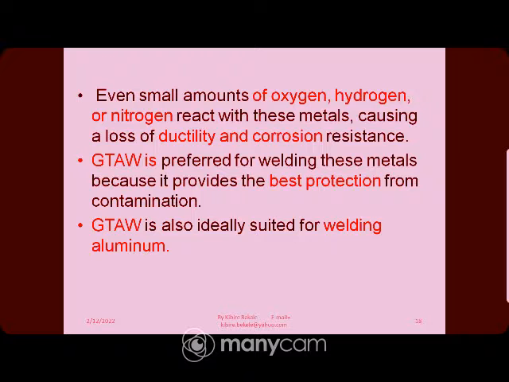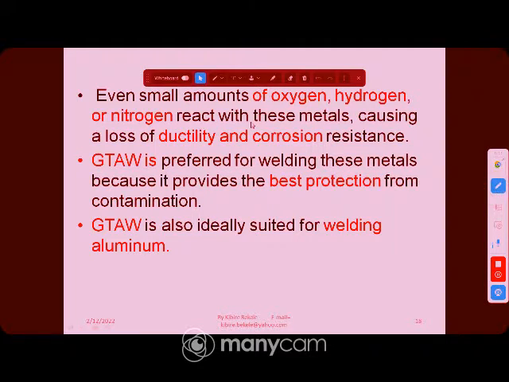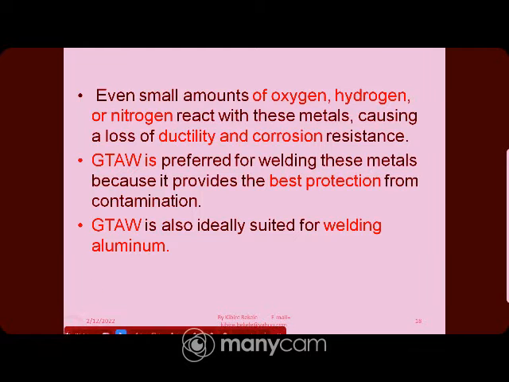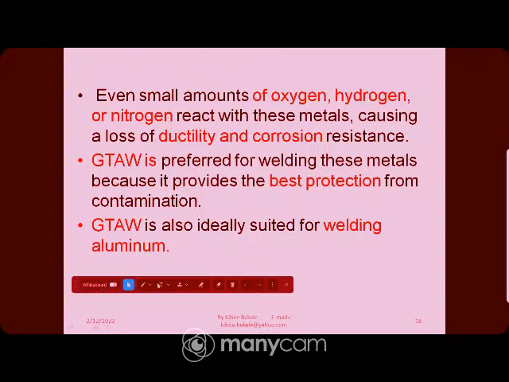So why do they need the tungsten arc welding process? For these reactive metals, even small amounts of oxygen, hydrogen, and nitrogen react with them, causing a loss of ductility and corrosion resistance.